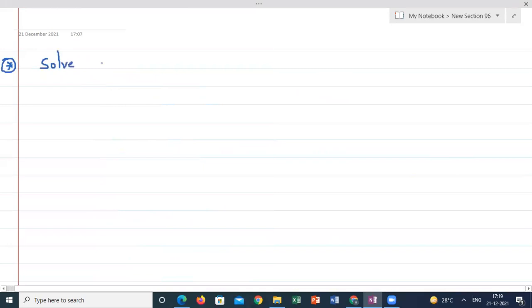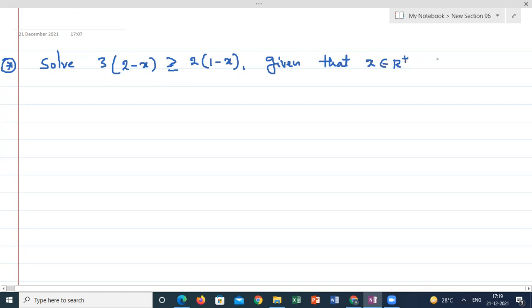The question is: solve 3 of 2 minus x greater than or equal to 2 of 1 minus x, given that x belongs to R plus, where R plus is the set of x such that x belongs to R and x is greater than 0. Understand the statement, and you have to give the solution.